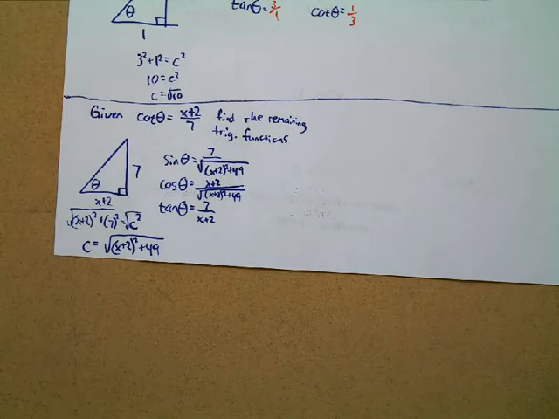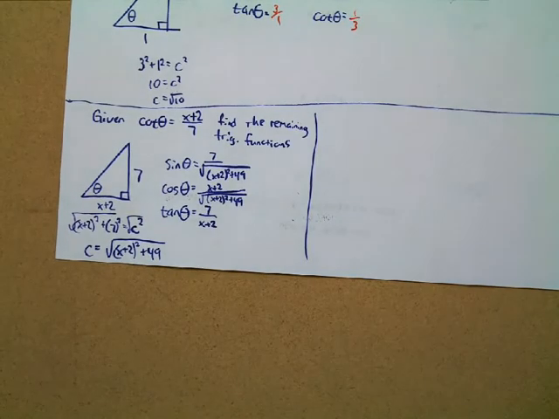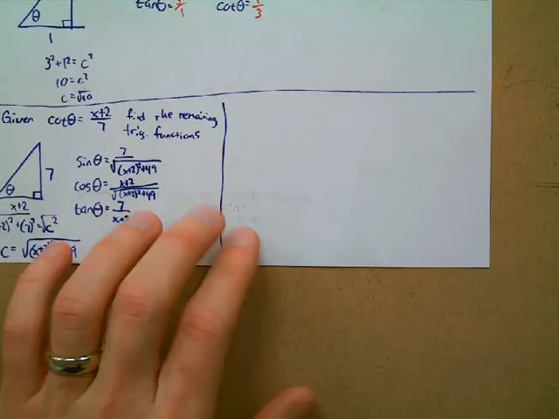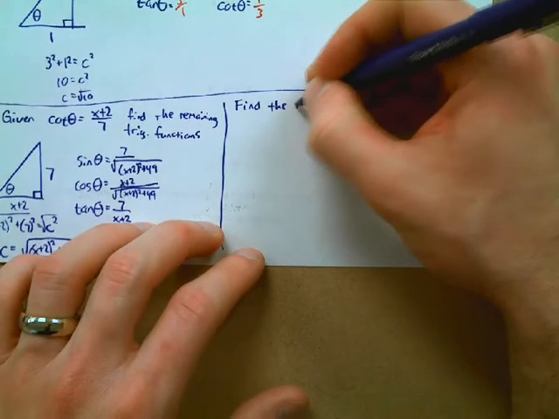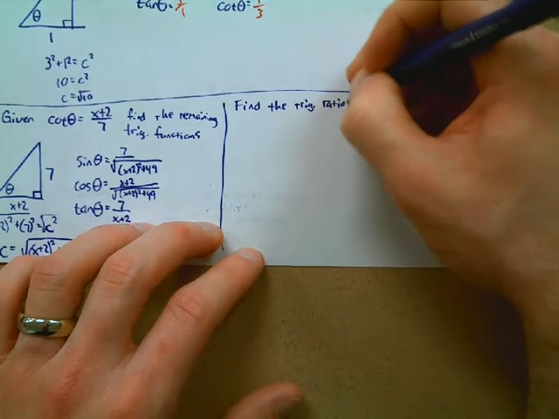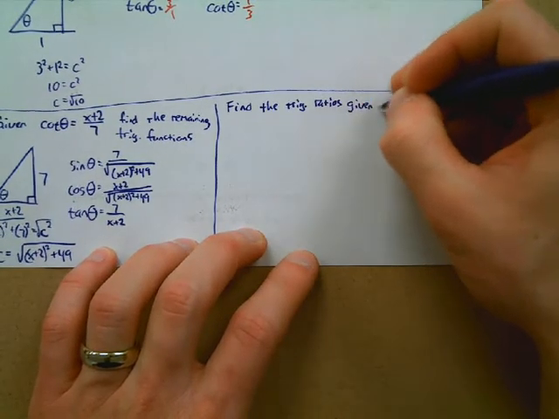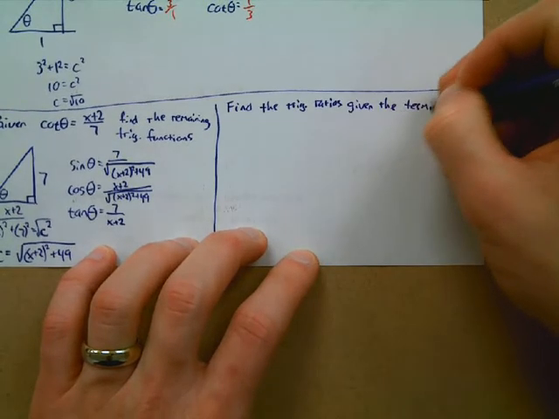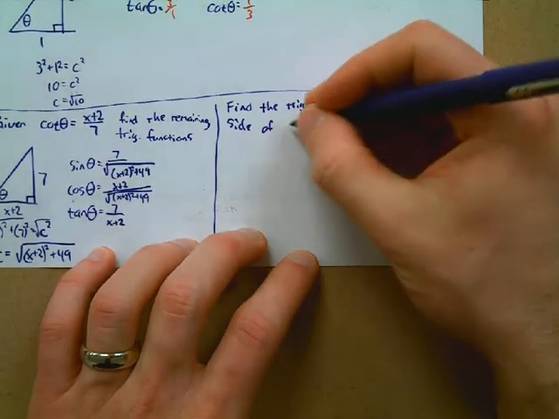One other question we could be asked is something like: find the trig ratios given the terminal side of angle theta goes through the point (-3, 4).